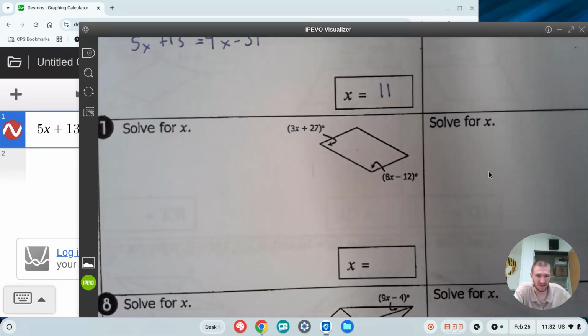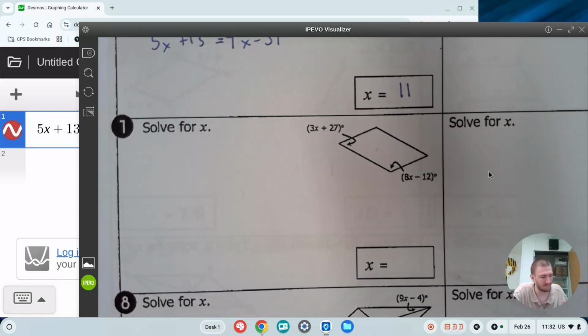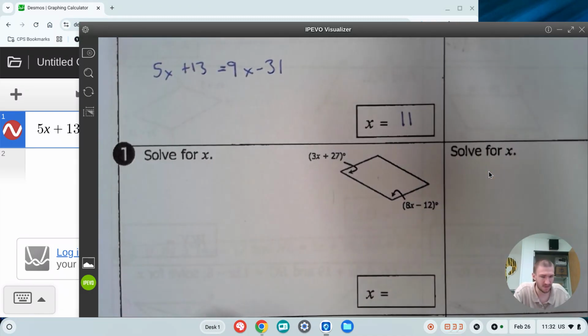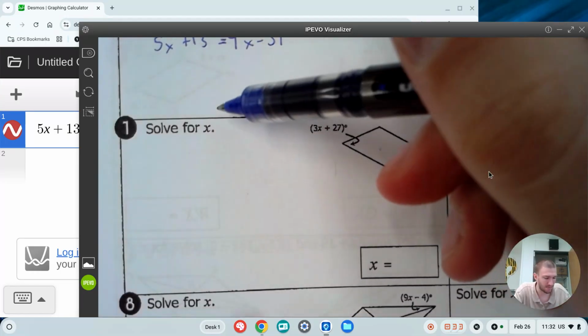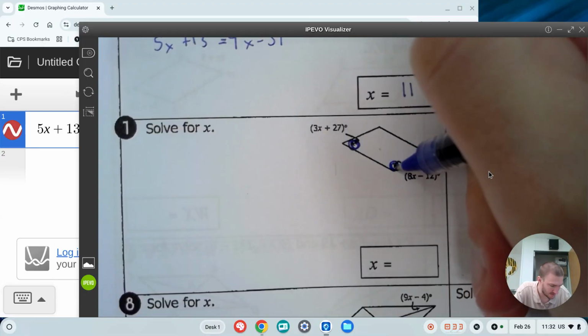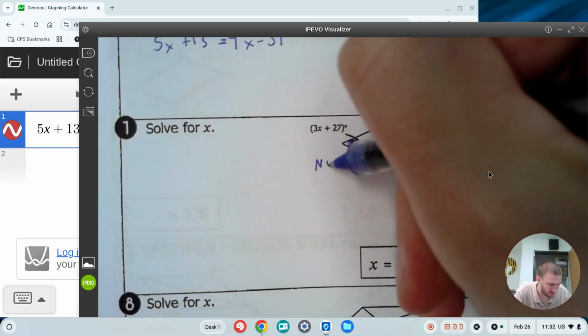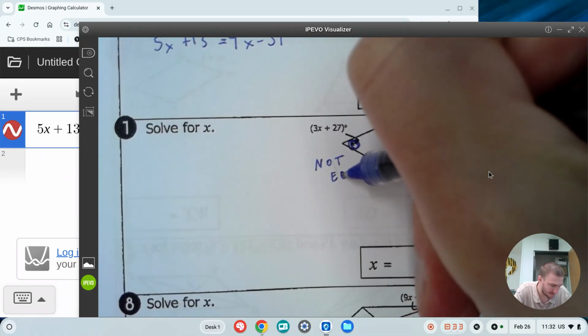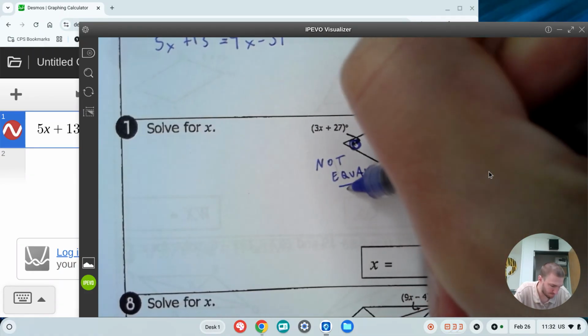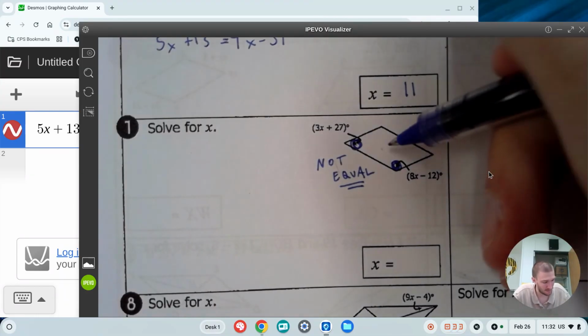We do have a question like this. Again, you need to be careful. A lot of them are equal, but not every single one of them is equal. Here we have number 7, and we have these two angles that are next to each other. Now these two angles are not equal. That's one of the main things that we're trying to figure out with these parallelograms. The opposite ones would be equal.